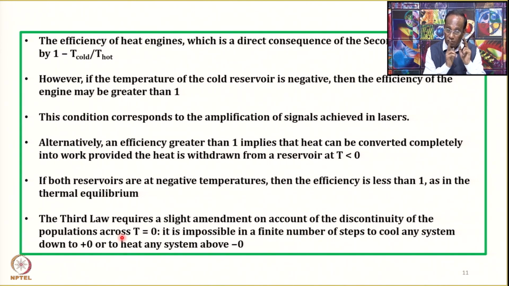Based upon our discussion of how these various thermodynamic quantities vary when T is on the positive side of 0 or on the negative side of 0, the amendment suggested is that it is impossible in a finite number of steps to cool any system down to +0 or to heat any system above -0.